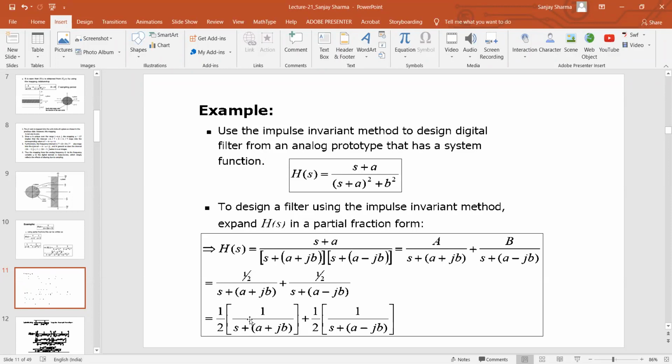So I can express this as 1 over s plus b, where b is equal to a plus jb. That means this has taken the form from where I can use the impulse invariant transformation to convert it into a digital filter.